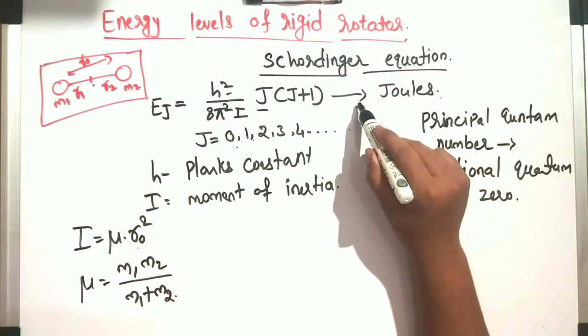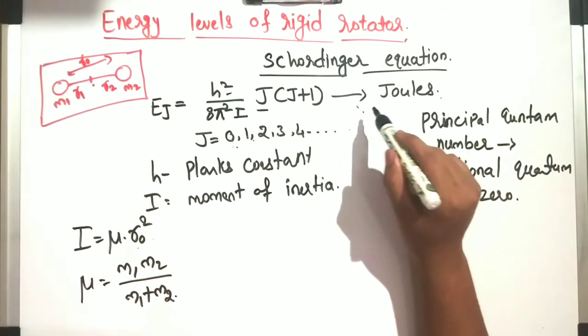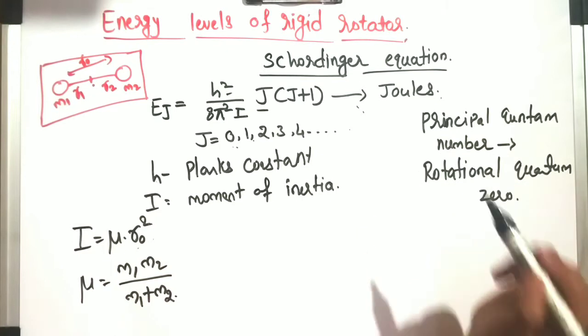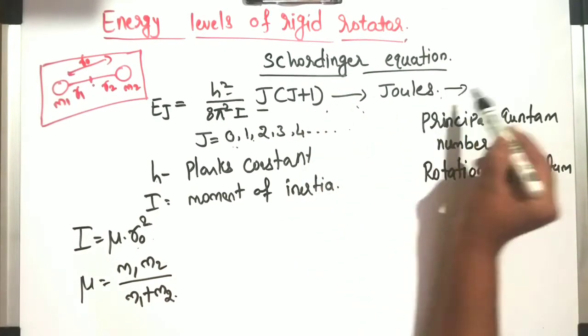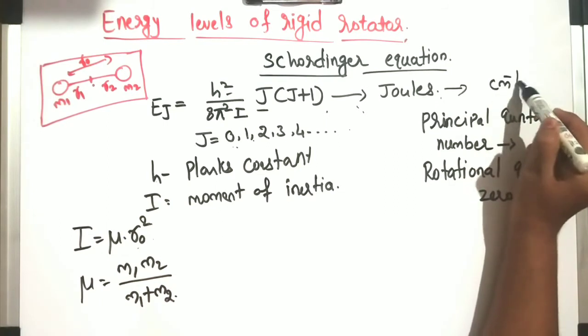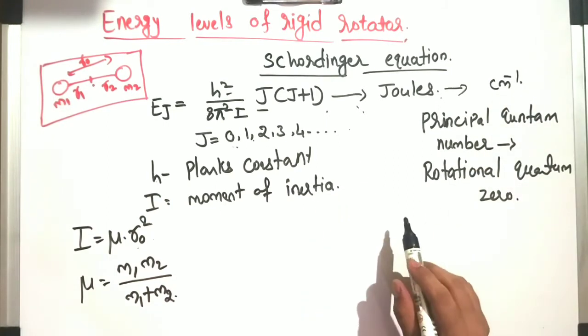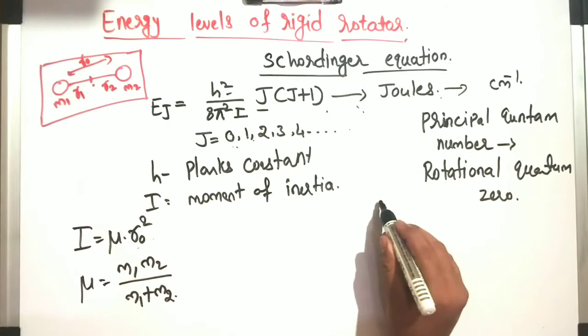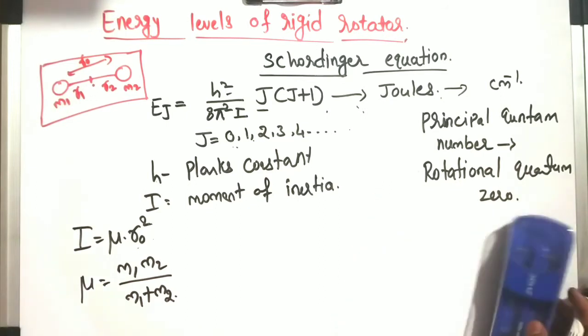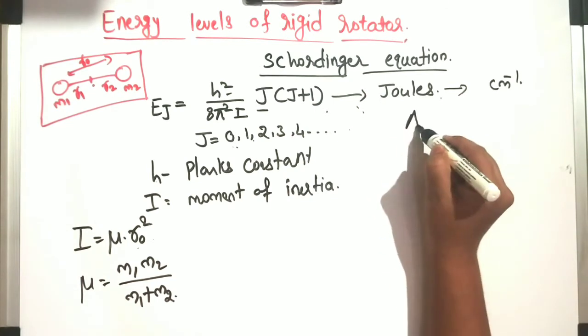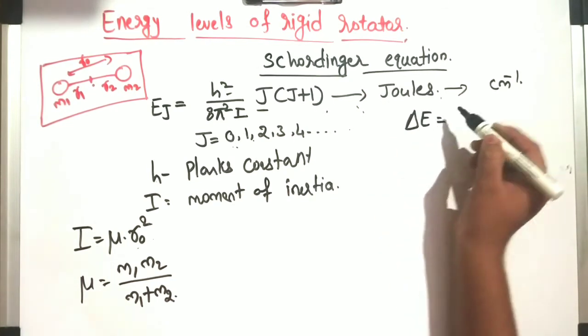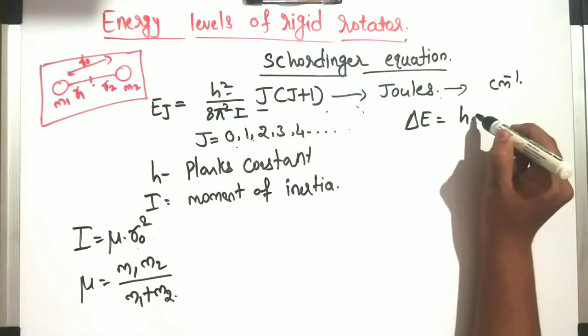Here we have to convert this into centimeter inverse. How to convert that? To convert joules to centimeter inverse, we take the energy as delta E. Delta E equals h into nu.